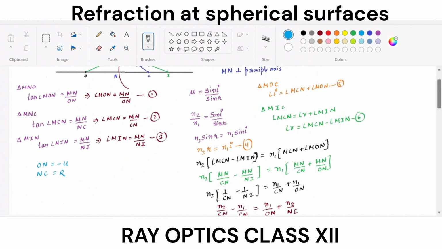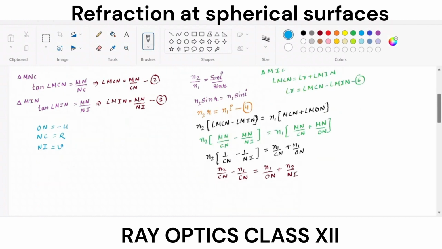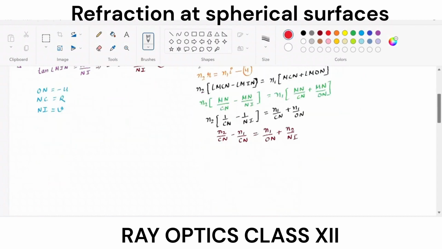And NI is nothing but the image distance, that is again lying on the right hand side, so v. If I substitute these values here, it will be n2 upon R minus n1 upon R equals n1 upon minus u, why negative? Because ON is the object distance, that is negative, plus n2 upon v.